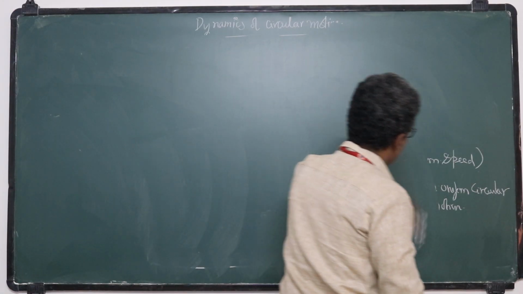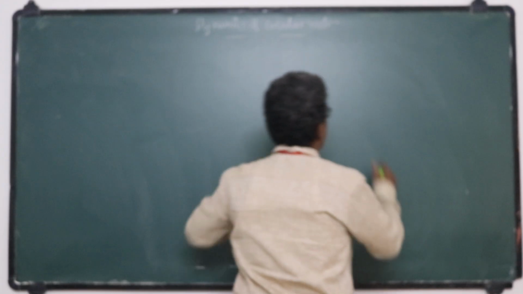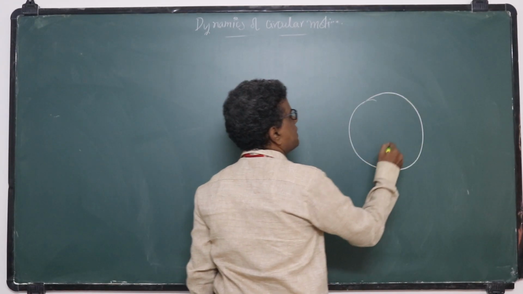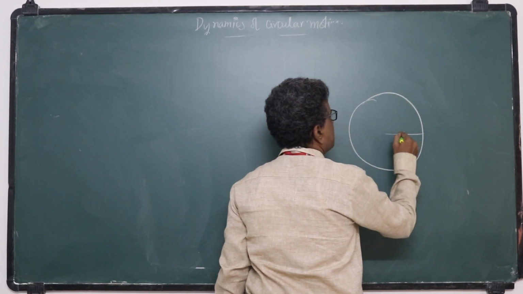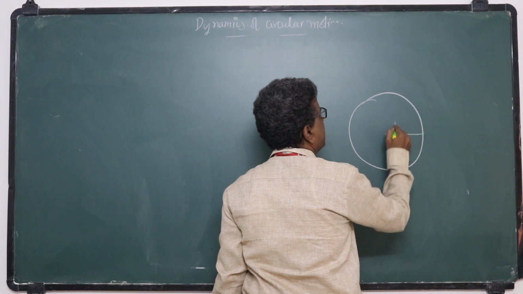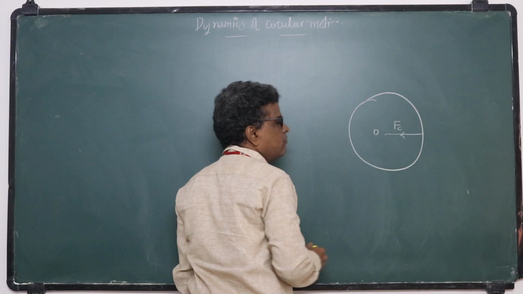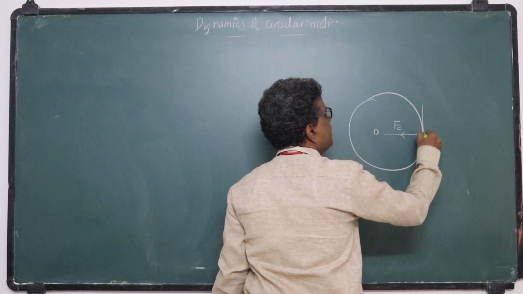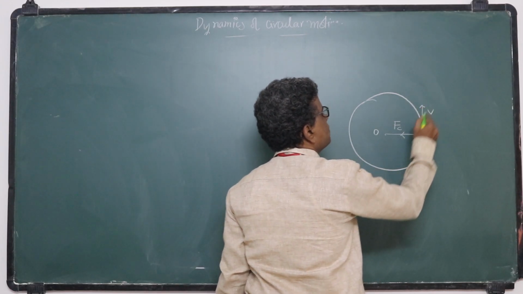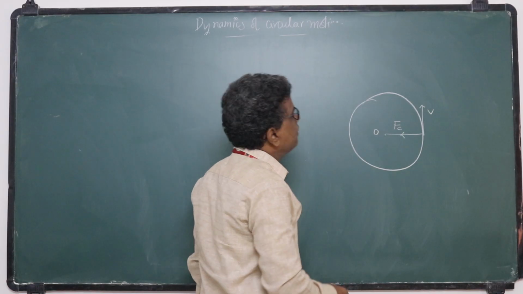When a body moves in a circular path, the centripetal force acts towards the center. So it is center seeking force. Velocity will be tangential to this. So this force is necessary for the body.